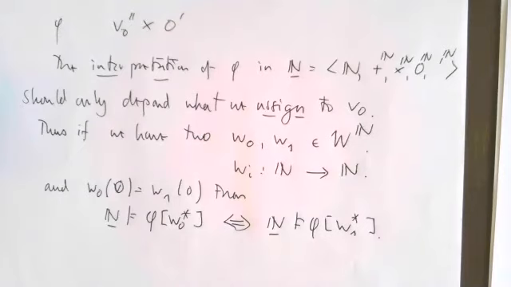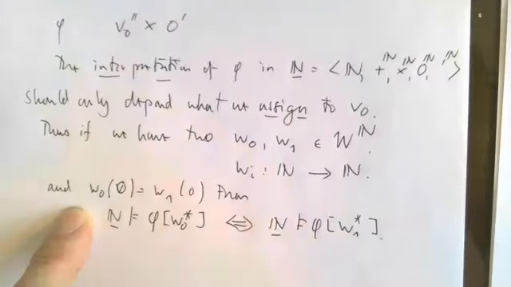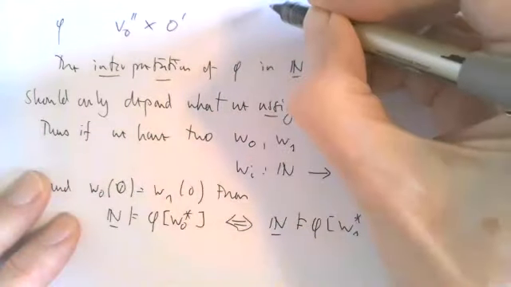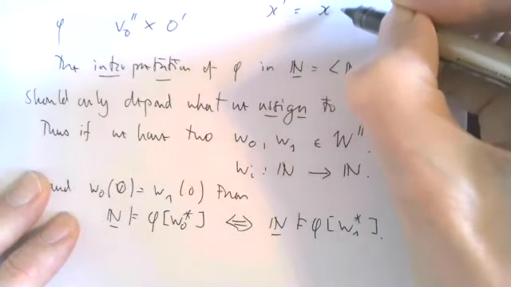We just check that our definitions are good. We wouldn't want something like this to go wrong. What does the prime function do in this case? Prime is the successor function. So x prime is x plus 1.